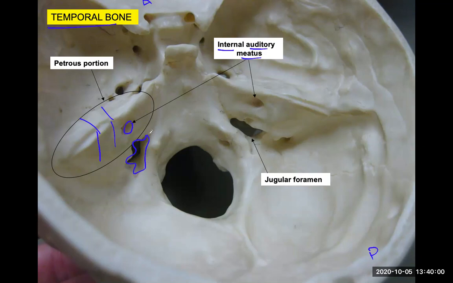The more irregularly shaped structure is the jugular foramen. This is where your jugular vein passes through, collecting deoxygenated blood out of your skull. Now, the actual piece of bone that is protruding, that thick piece of bone that looks like a mountain, is called the petrous portion.